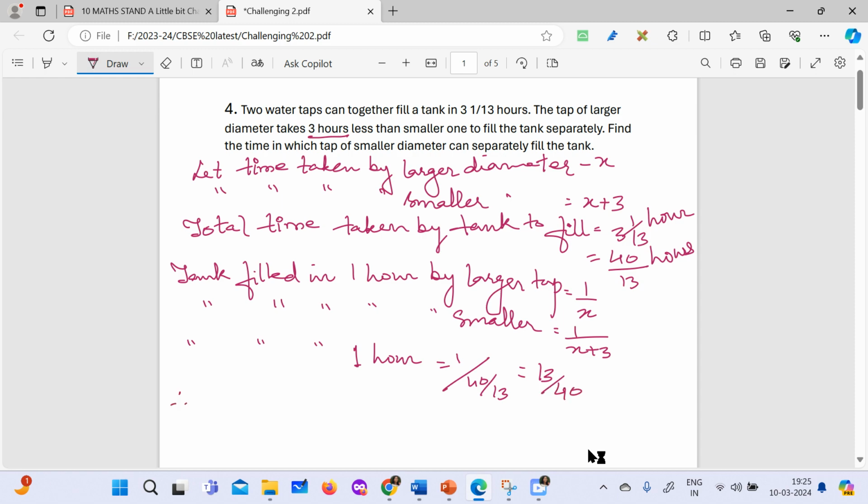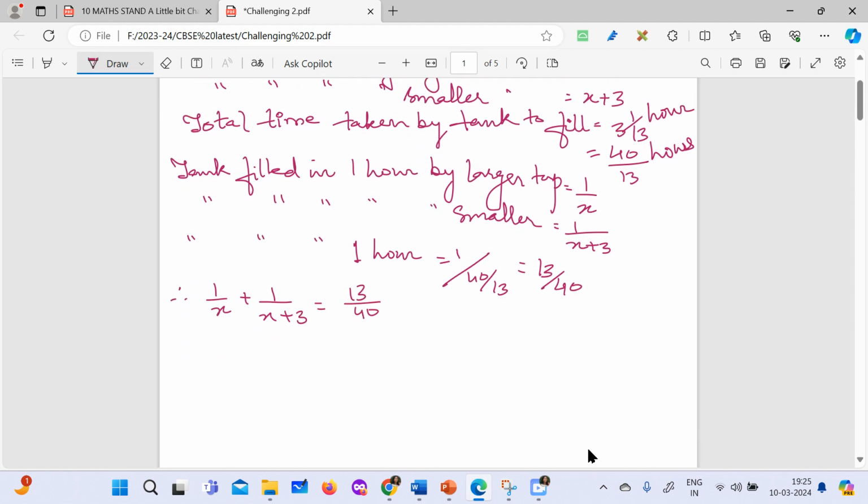So we can say that 1 over x plus 1 over x plus 3 will be equal to 13 over 40. Now we can simplify this. So you will have 1 over x times x plus 3 upon x plus 3, plus 1 over x plus 3 times x over x, equals 13 upon 40.